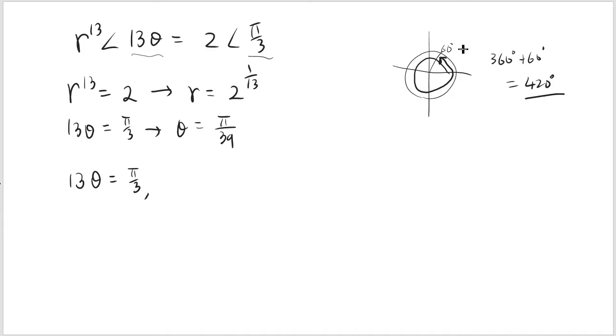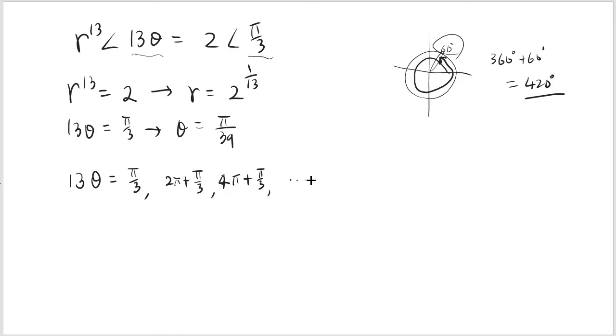That's coterminal with 60 degrees. Because they land at the same spot, they give you the same answer. So 13 theta could be pi over 3, or it could be 2 pi plus pi over 3. But wait, this seems to be going endlessly. It could be 4 pi plus pi over 3.